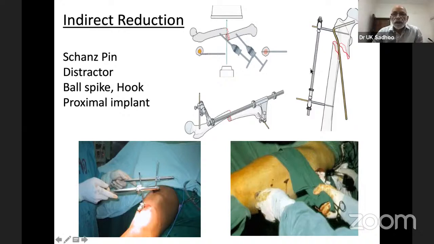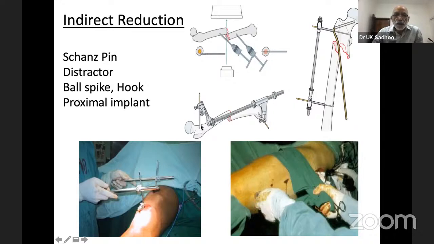The AO distractor again comes in very handy to those who are used to it. It can be used in this particular fashion, or in this rather tricky way: the Schanz pin is applied just medial, in the transverse part of the neck. This becomes tricky because this bone is very, very strong.